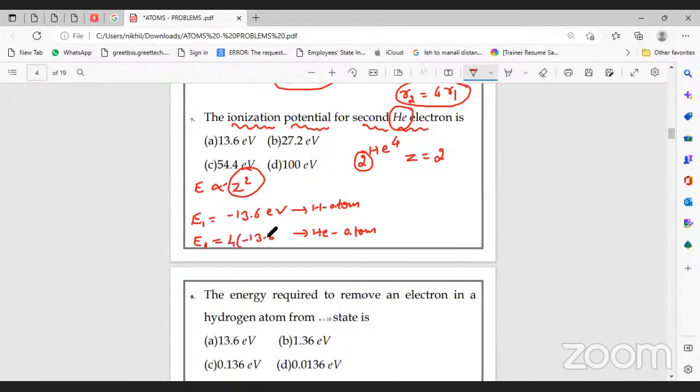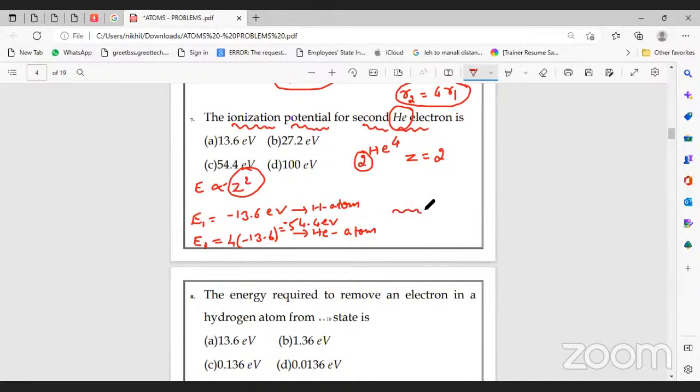Have you got it? Why am I multiplying by 4? Because energy is directly proportional to Z squared. So you are going to get minus 54.4 electron volt. This is the energy in the first orbit of helium.